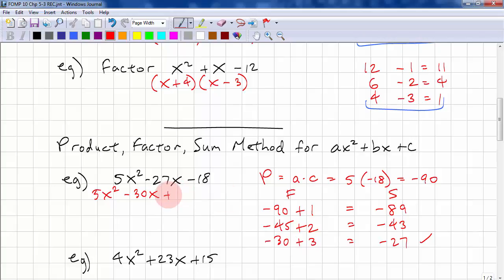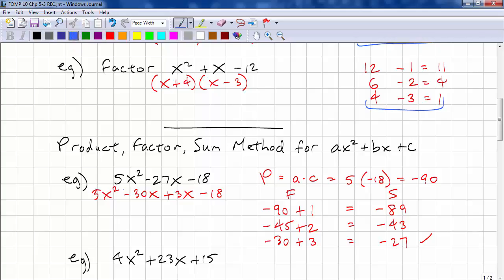So this is 3 times x and negative 18. And why are we doing this? Because negative 30x plus 3x gives us negative 27x. And here, it's just convenient to work without the x. So that's why I'm saying we're adding an x. We're just putting it back in.